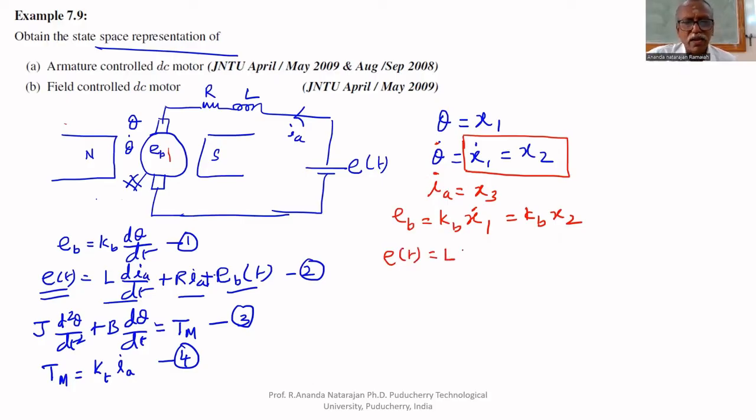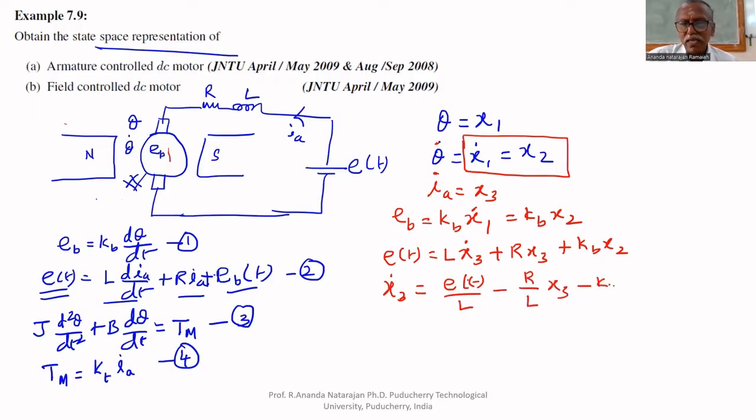Therefore, L dI_A by dt is L x3 dot, plus R x3 plus E_B. E_B can be written as K_B x2. Therefore, x3 dot equal to E of t divided by L, minus R by L x3, minus K_B by L x2. This is the equation for x3 dot that we got.